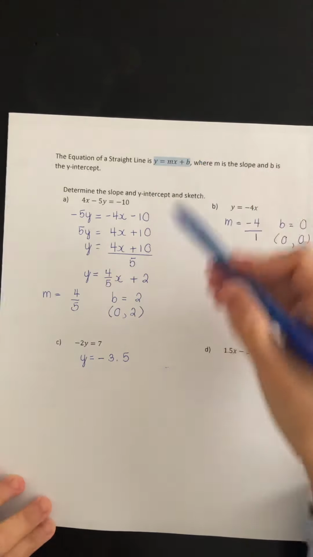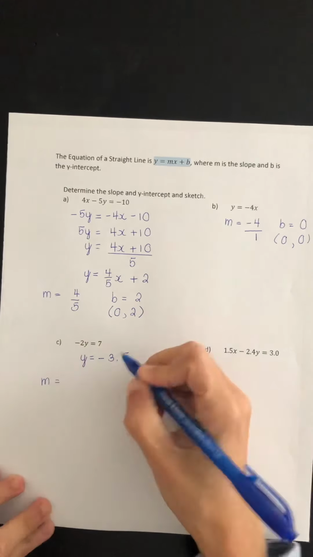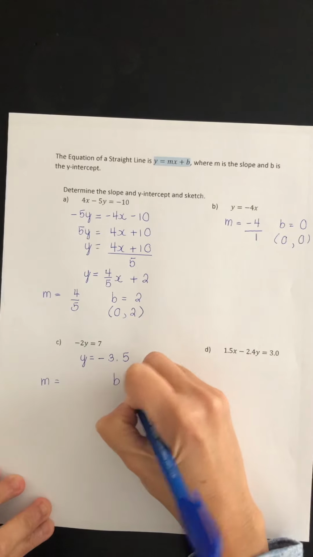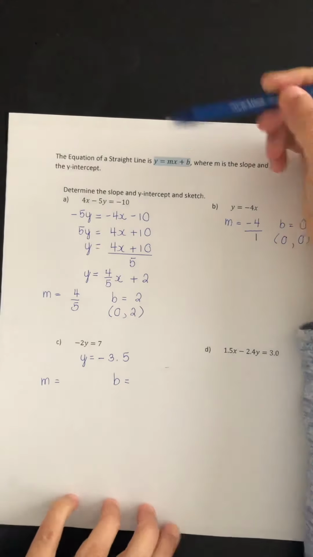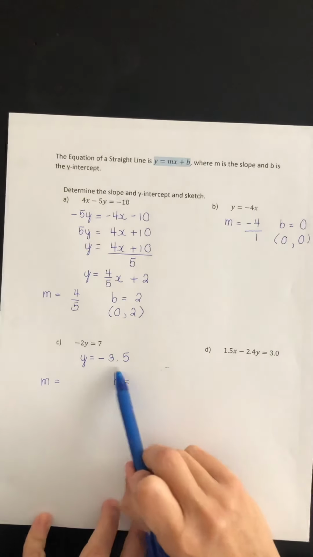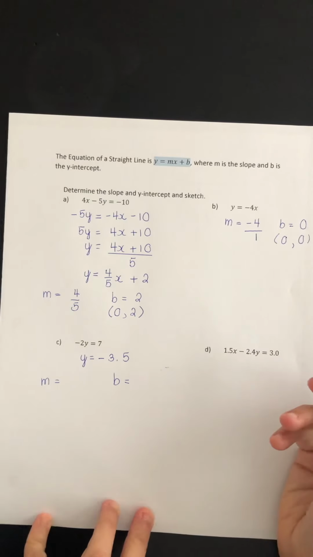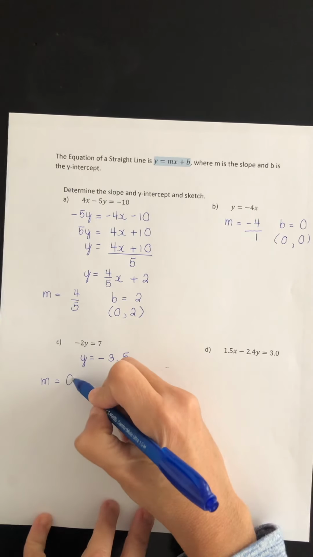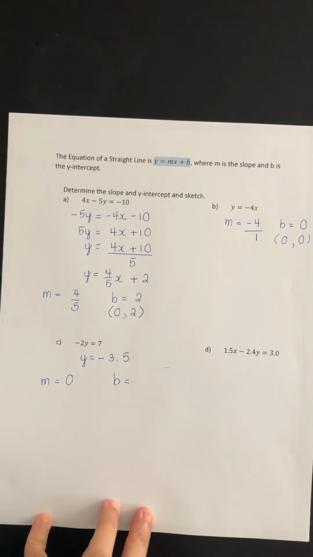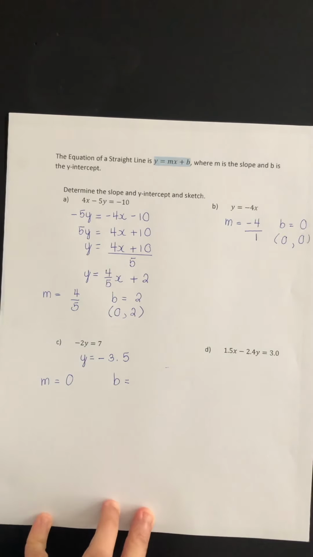Now we compare it with y equals mx plus b to identify m and b. Now remember, m is the coefficient of x. The term containing x is absent. This means its coefficient is 0. 0 times x would remove that term from the right side.